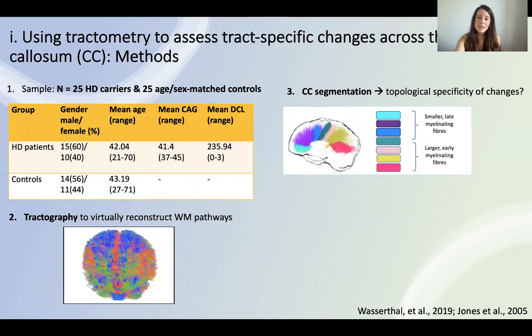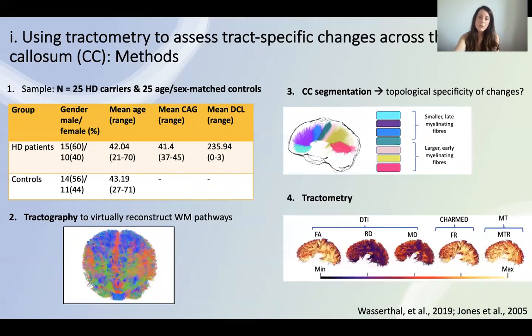Here I was specifically interested in understanding whether there is a topological specificity of changes associated with HD. We then used tractometry to project all of these different microstructural parameters across the callosum.